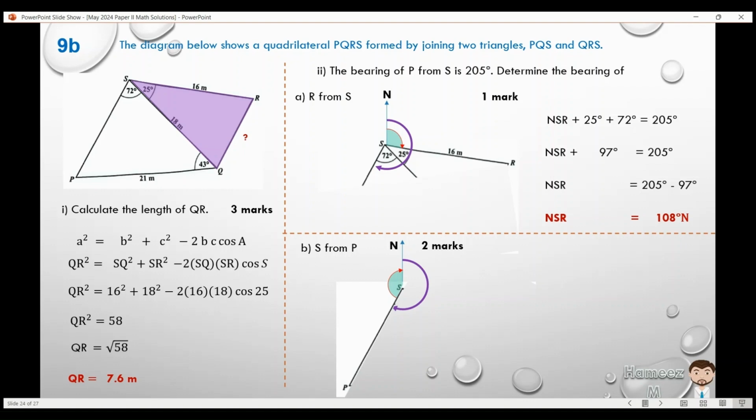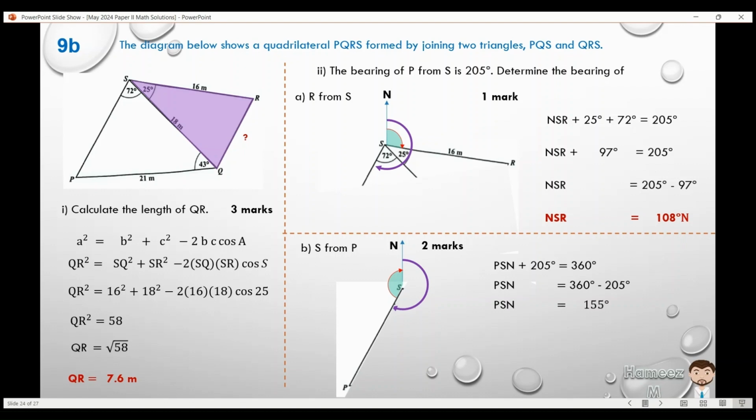And we can find this green piece on the left-hand side, because the total angle around any point is a circle, which is 360 degrees. So if we add the purple and the green, it will give us 360. So PSN plus 205 is equal to 360. And we can minus 205 from both sides. So PSN is equal to 360 minus 205. So PSN is equal to 155 degrees.